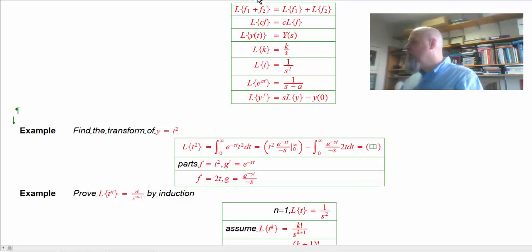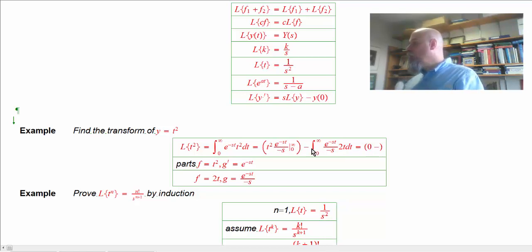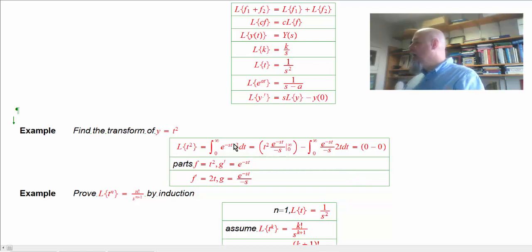I get 0: e to the minus infinity times infinity squared, the e to the minus infinity is stronger, it drags that to 0. Minus, when I sub in 0, I get 0 squared times e to the 0, 0 squared times 1. So this whole bracketed piece disappears.